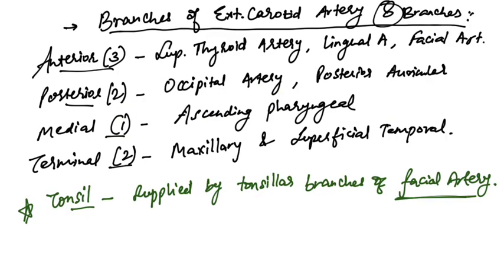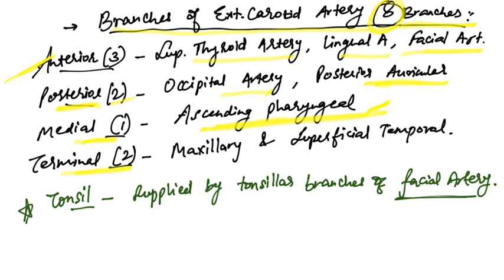Now, the branches of the external carotid artery. There are 8 branches of the external carotid artery. 3 anterior branches, in which superior thyroid artery, lingual artery, and facial artery are the common anterior ones. Posteriorly, 2 branches, occipital artery and posterior auricular artery. Medially, one branch, that is ascending pharyngeal, so this is important.